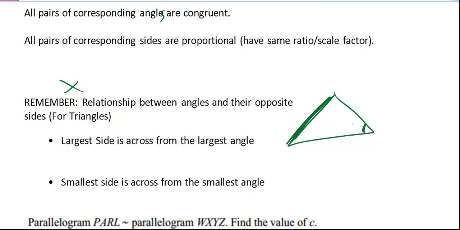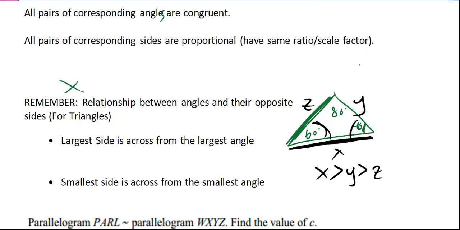Okay, so for instance, if I knew that this were, say, 40 degrees, and this was 60 degrees, and this was 80 degrees, then I would know, based on this knowledge, that the length of side X is the longest, the length of side Y is the second longest, and the length of Z is the shortest, because Z is across from the smallest angle, Y is across from the second smallest angle, and X is across from the largest angle. And that's just a fact. It has nothing to do with similarity necessarily, but it's something that we can keep in mind, especially when I'm comparing two triangles to determine whether they're similar or not.